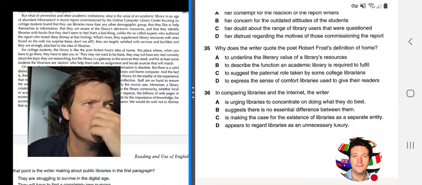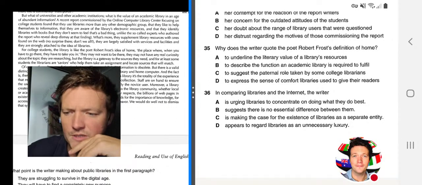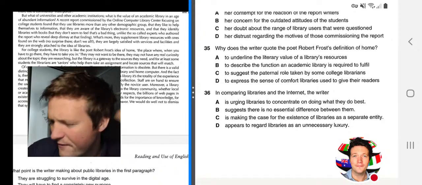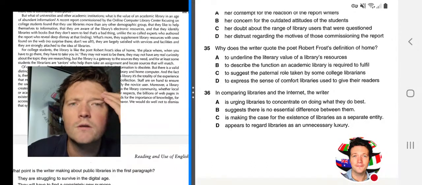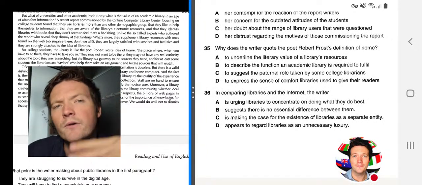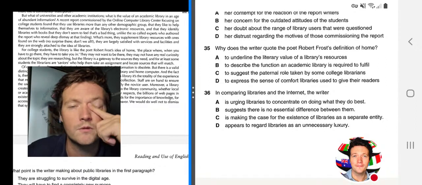No, the quote is saying what Robert Frost thinks about what home is, the definition of home, the place where if you go, they have to take you in. It's comparing the relationship that people will have to their home to the relationship college students have with a library.